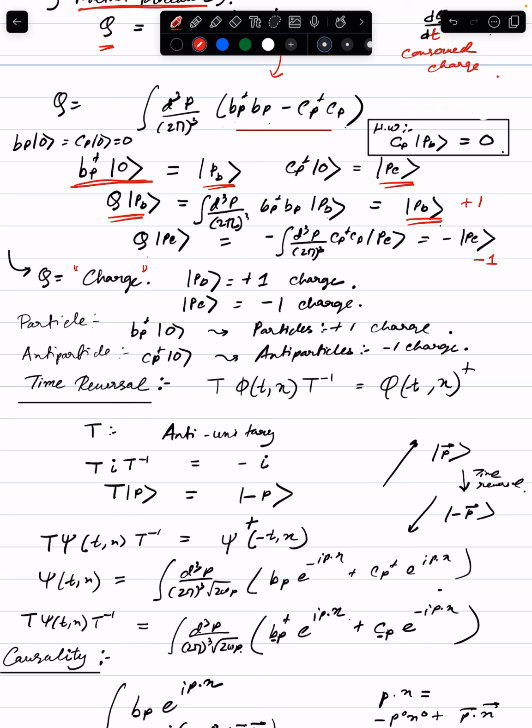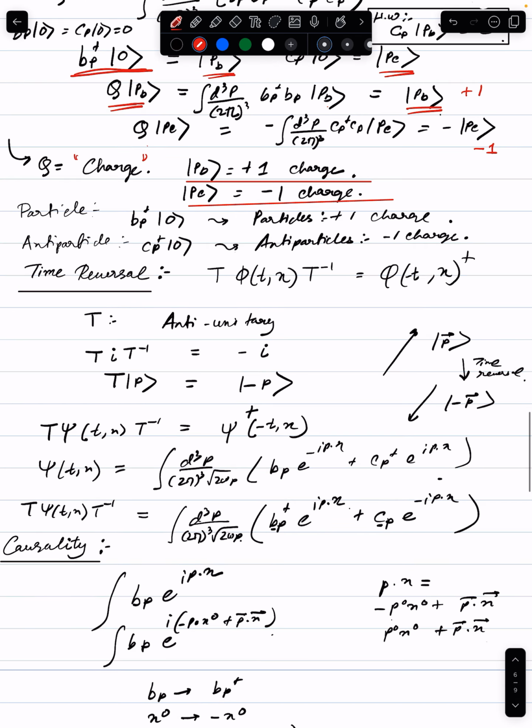So the B particle has a positive charge, and a C particle has a negative charge. And we don't use the terminology B and C particles. What we call them are particles and antiparticles. So if we call B the particle, the one with the positive charge, and C is the antiparticle of B, so it has the opposite charge.